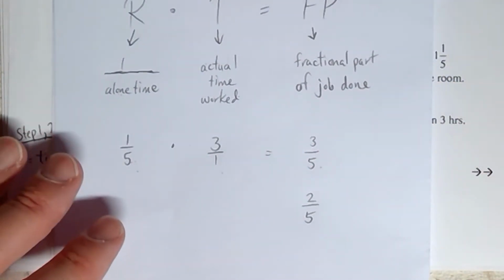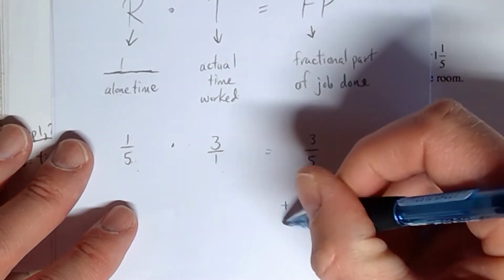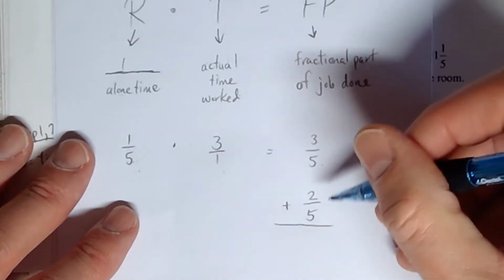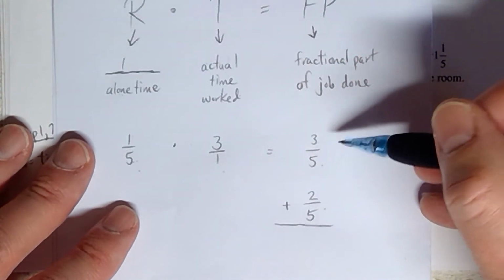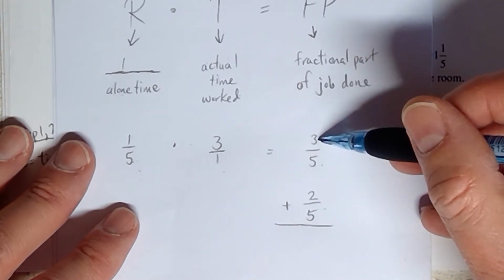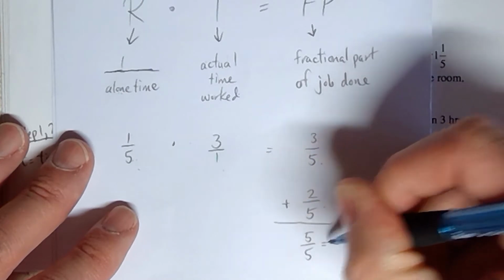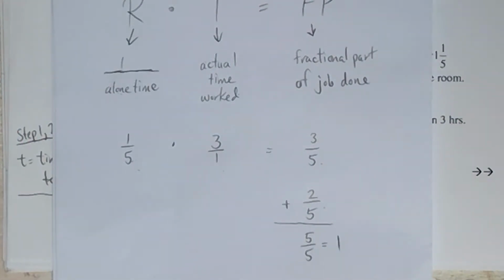3/5 and 2/5. Why is it that 2/5 is the right answer there? It's because 3/5 of the house and 2/5 of the house, since these are common denominators, I can add these two fractions together and we get 5/5, don't we? Which is equal to 1. Why is it important that it has to equal 1? And it is important that it does.